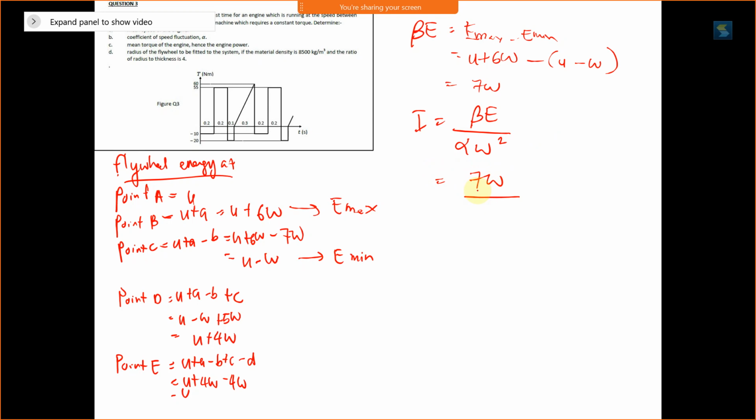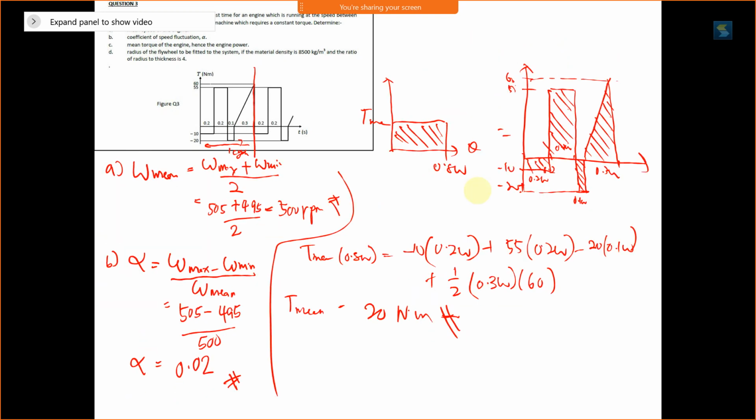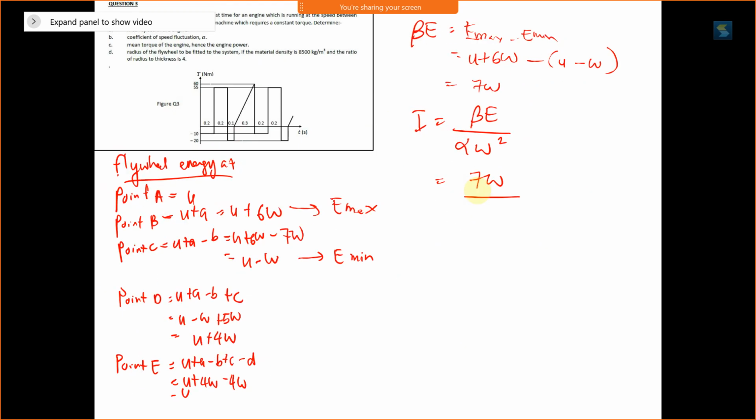Alpha dah dapat tadi kan? Tadi 0.02. So 0.02 omega square. So I flywheel kita sama 7 bahagi dengan 0.02 darab dengan omega.